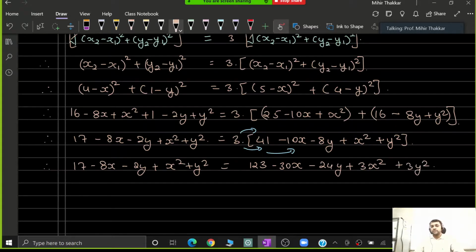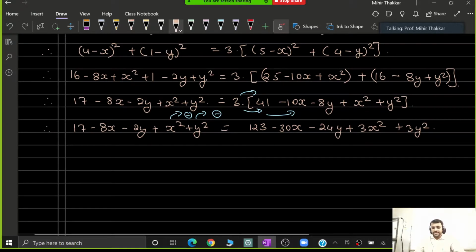Now I am trying to keep the square terms positive, so I will take x square and y square on the opposite side, so they both will become subtracted. So I can get over here 3x square minus x square as 2x square, 3y square minus y square as plus 2y square.